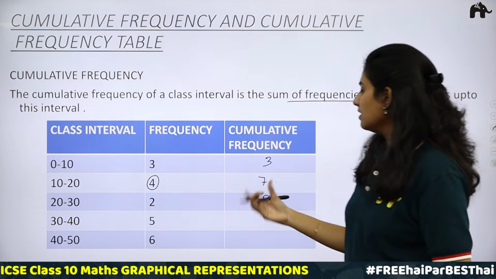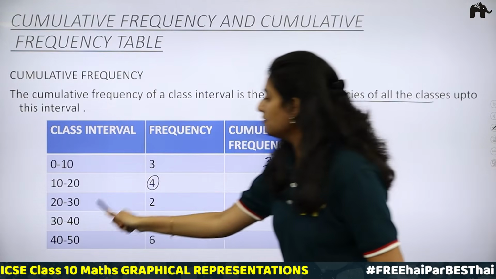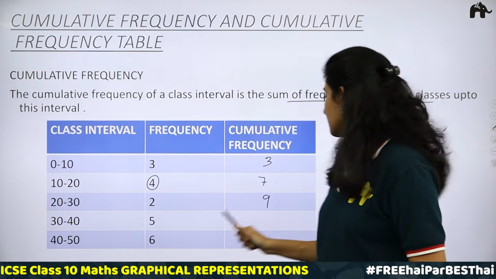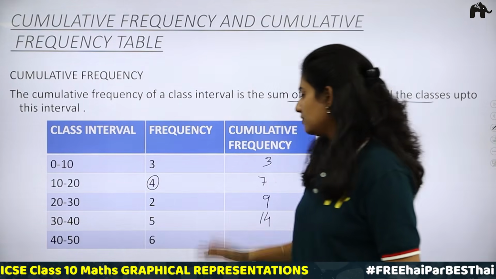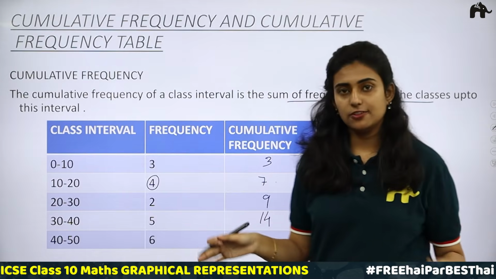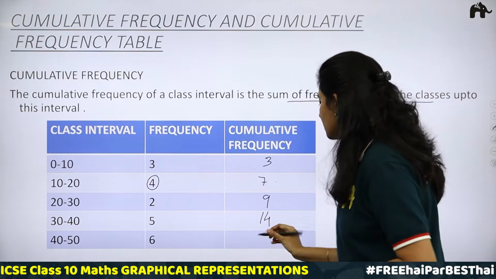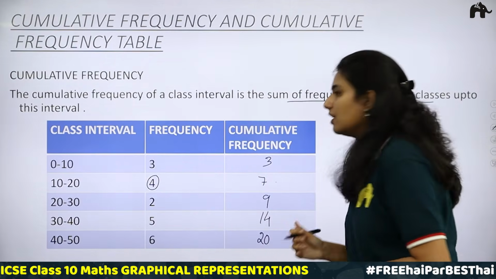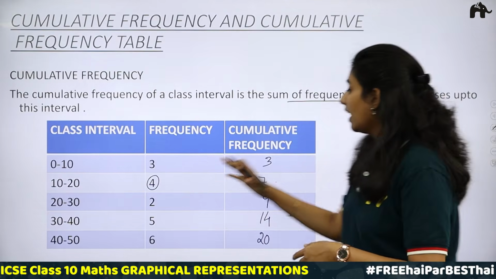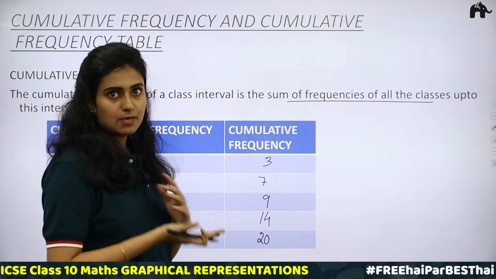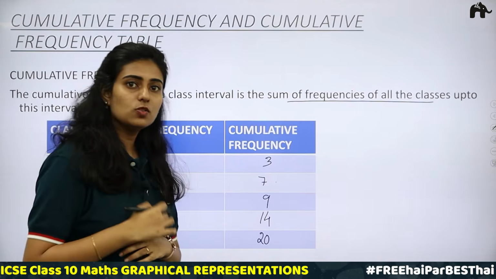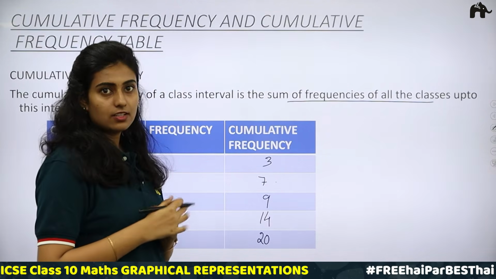To get the next one, next cumulative frequency less than 40, we'll add 5 to this. 9 plus 5, 14. To get the very next 40 to 50 interval, anything less than 50, you will have to add the 6. So, 20. So, there are total 20 students. That is, if the exam is conducted for 50, can any student score a mark that is greater than 50?